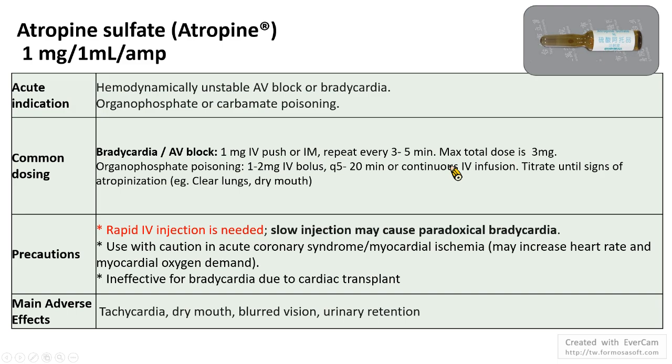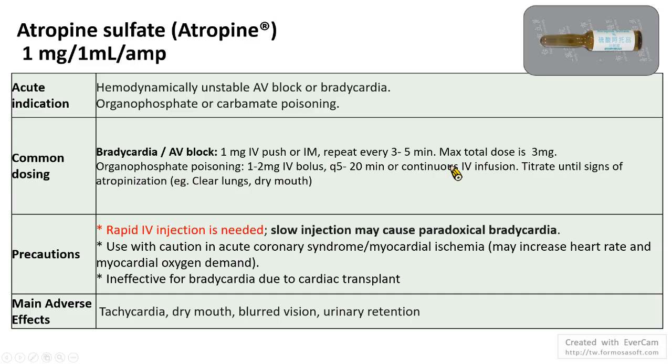And to be cautious, atropine needs to be administered rapidly as an IV push, because slow injection may cause a phenomenon called paradoxical bradycardia. It also has to be used with caution in those with ACS or myocardial ischemia, because atropine may increase the heart rate and thus increase the burden of myocardial oxygen demand.